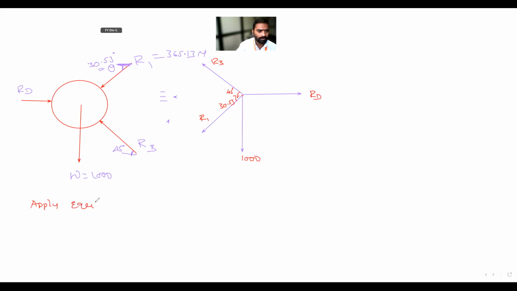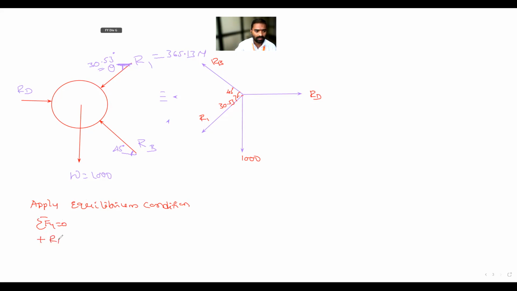Apply equilibrium conditions. Now see, if we consider Fx, then RB will come, RD will come. So what will I consider? Sigma Fy is equal to 0. First, RB's vertical component, plus or minus?